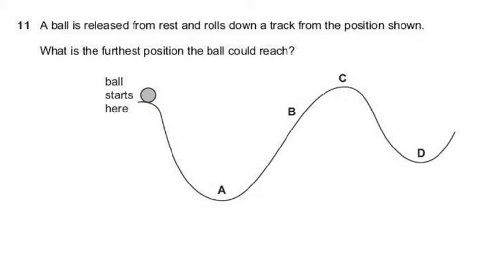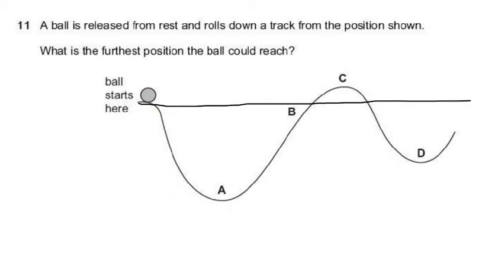So let's just do a quick draw over here. If we kind of trace this across. Remember, the ball can't get any higher, right? Starting from rest, it has only gravitational potential energy right there. So we cannot get any more gravitational potential energy than what we started with.